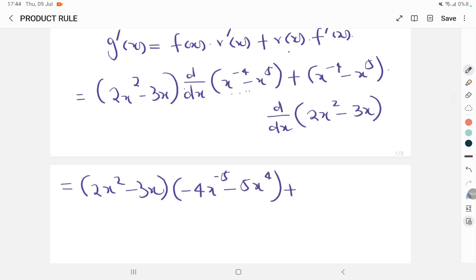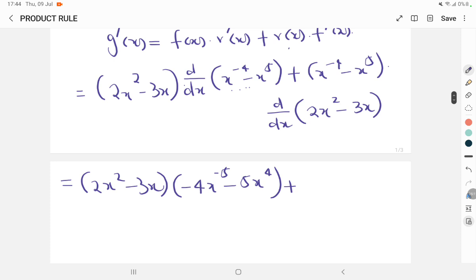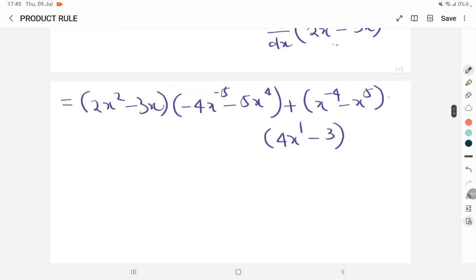Then we plus, then we keep this one constant, which is x to the power of -4 minus x to the power of 5, right? Then we do the derivative of this function: 4x to the power of 1 minus the derivative of 3x, which is 3, right?